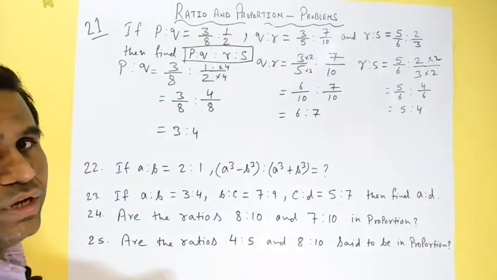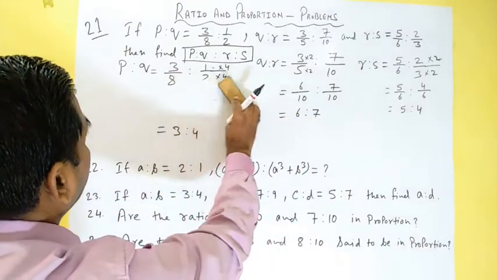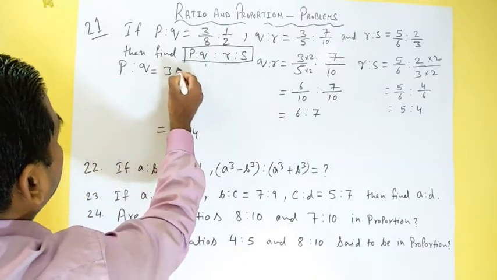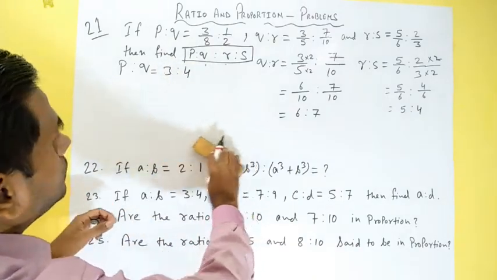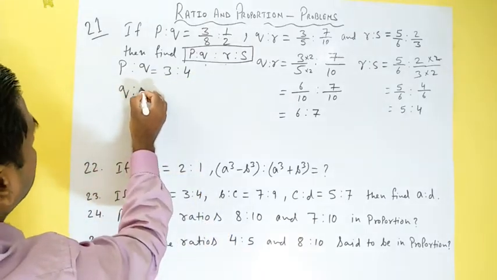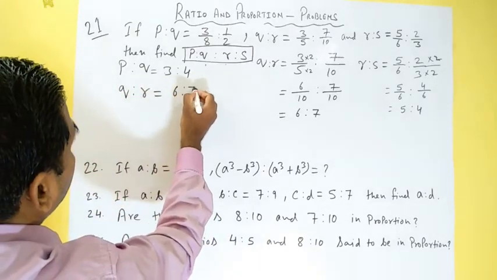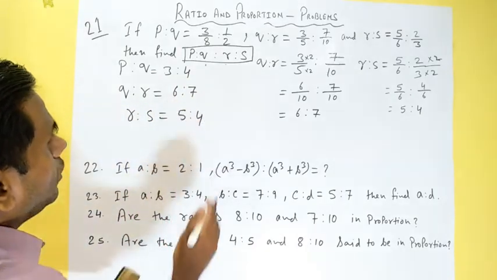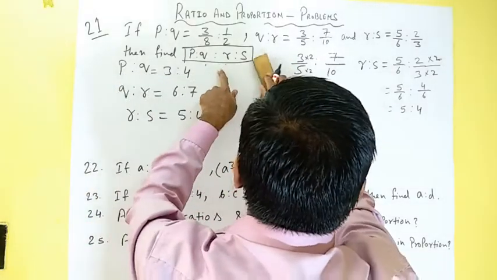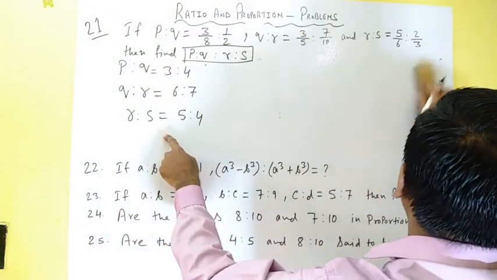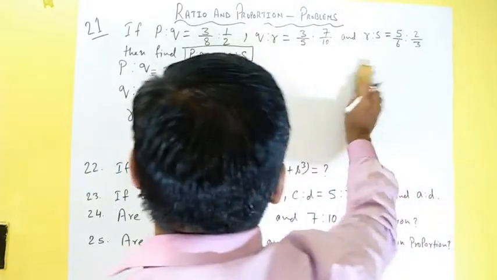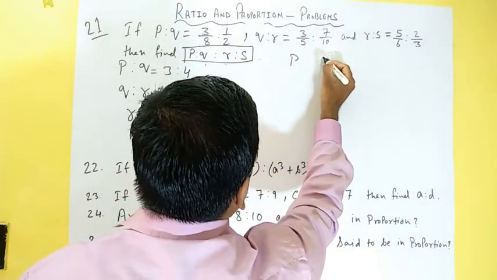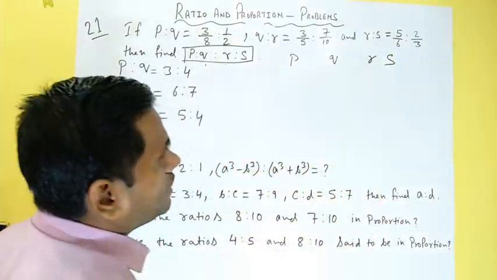So what I am going to do here is, I will write all these values directly. So for us, P is to Q is equal to 3 is to 4. Then Q is to R is equal to 6 is to 7. And R is to S is equal to 5 is to 4. So now we will find this answer using these ratios, not the ones which are given, because we have already found the equivalent ones. So P, Q, R, S we will write.